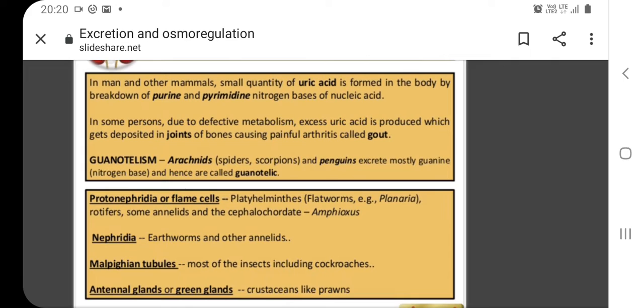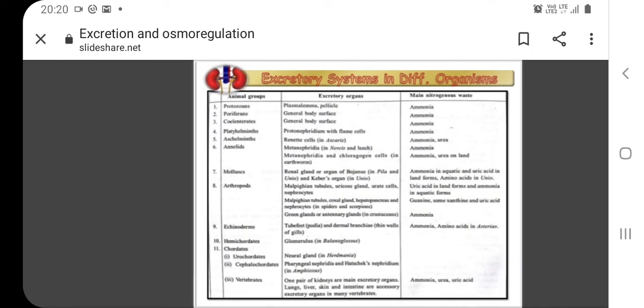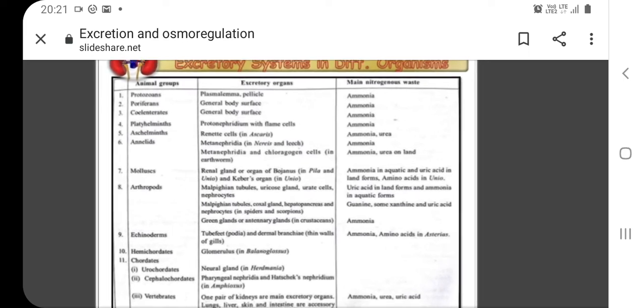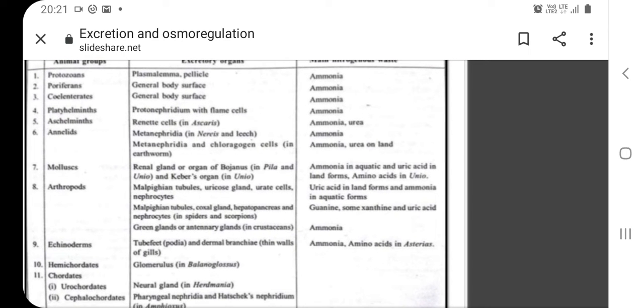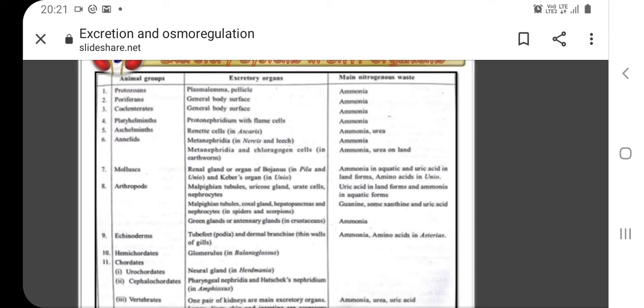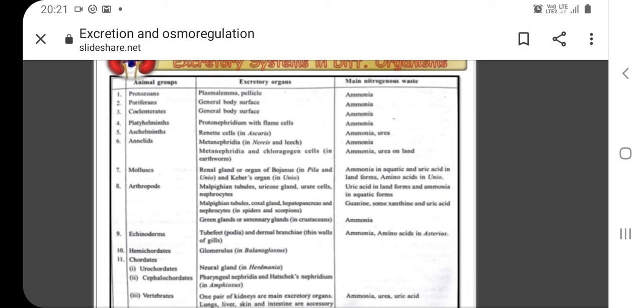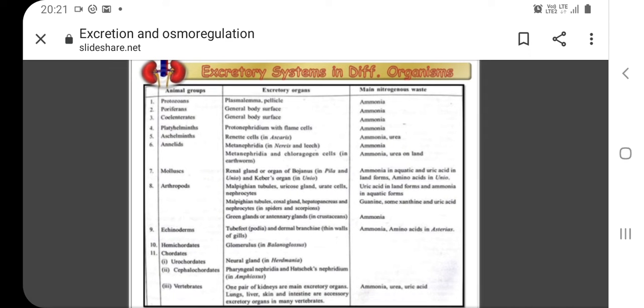In crustaceans, the excretory organ is the antennal gland or the green gland. Here is a chart which describes the excretory system in various organisms.